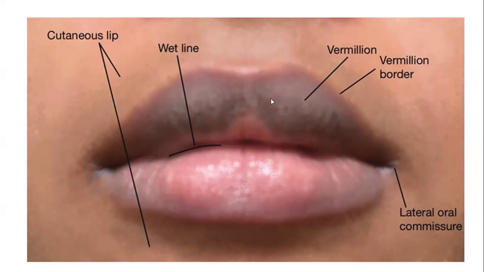The cutaneous lip is the skin portion covering the lip. The wet line is the demarcation between the dry portion of the lips outside and the wet portion of the lips inside.